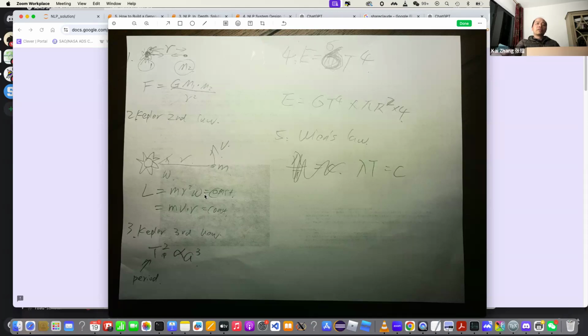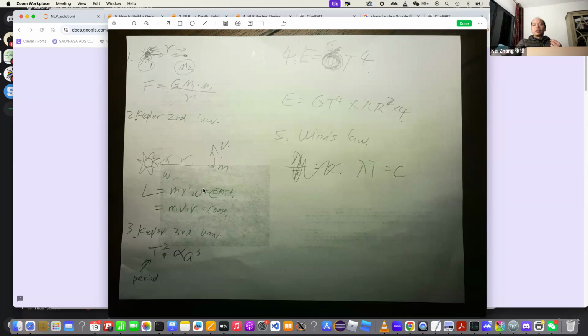But there is another formula here, because it equals m r squared omega. The omega here is called angular velocity. For example, for the Earth to travel around the sun, that is 1 year, right?